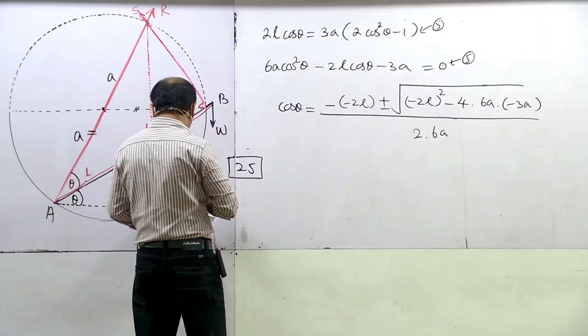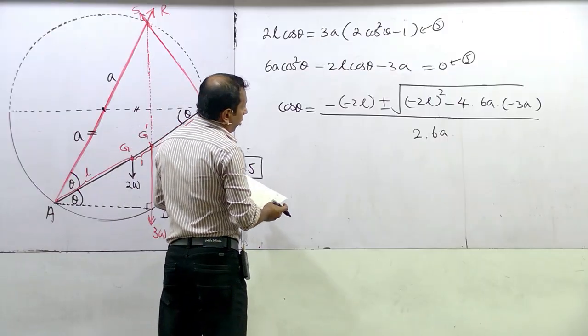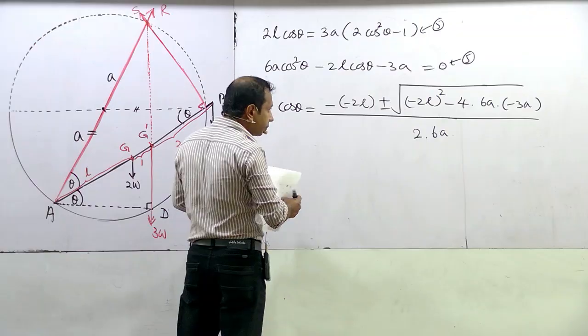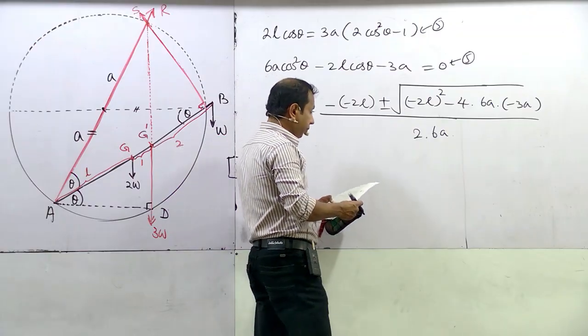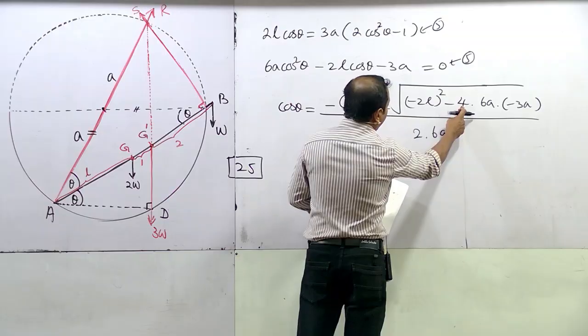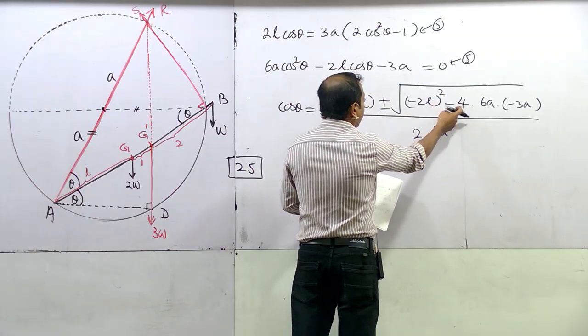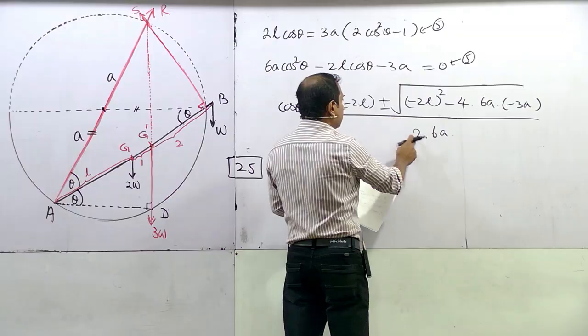Right, so now here this 4, 2 squared is 4, we can take out 2, and this 2 we can cancel down.